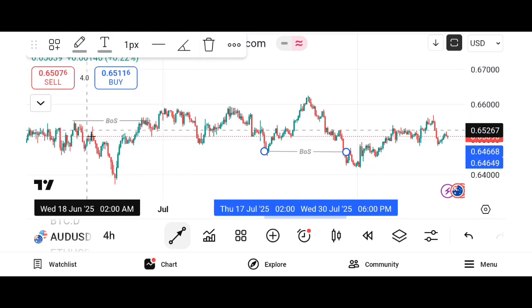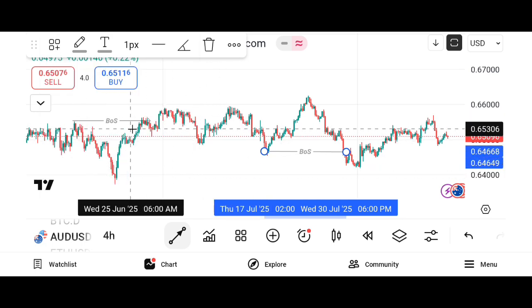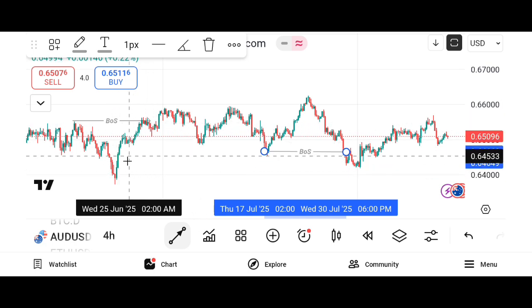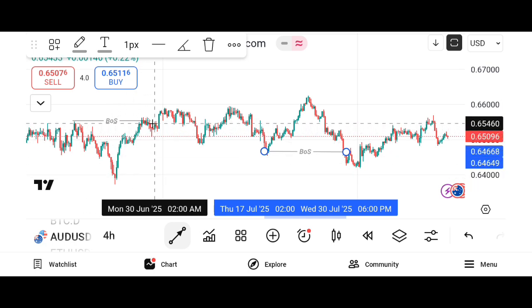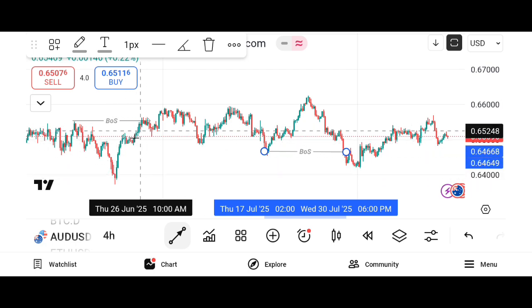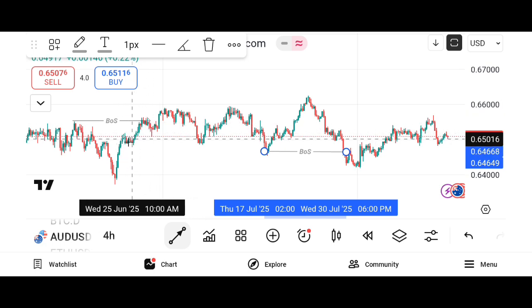So here we have a break of structure to the upside, making all this area a demand zone. Buyers are inside here, inside this market.